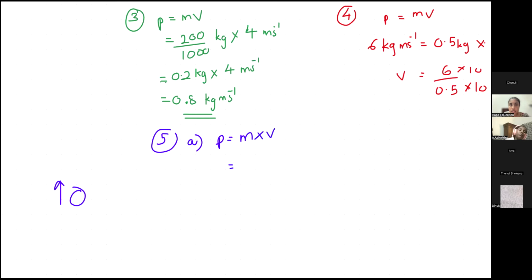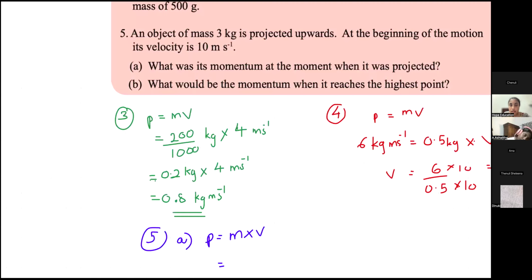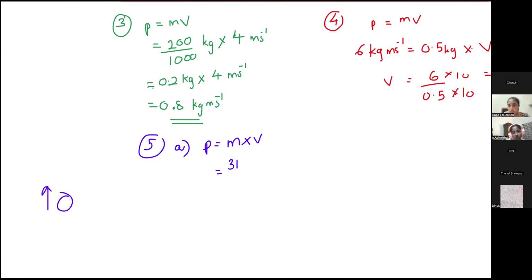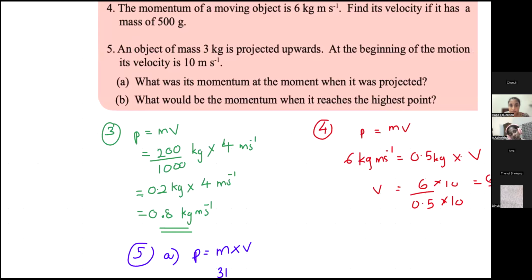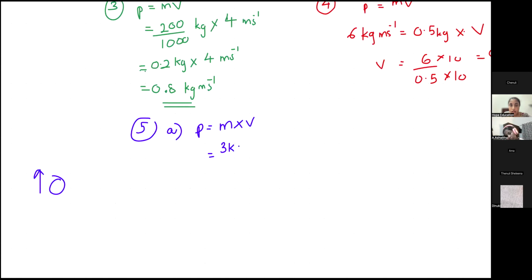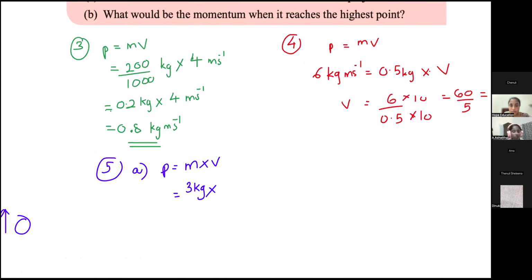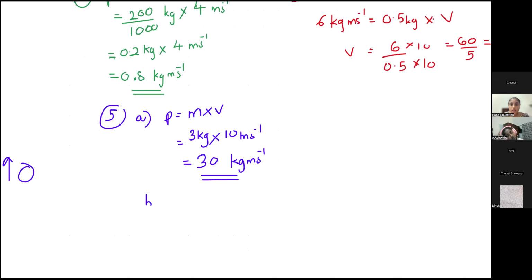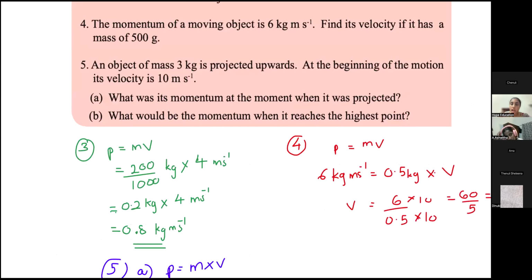Mass in this particular case is, Seneth, I need your answer for B part. 3 kg, velocity is 10 ms minus 1. That is correct, 30 kg ms minus 1. In the B part, what would be the momentum when it reaches the highest point?